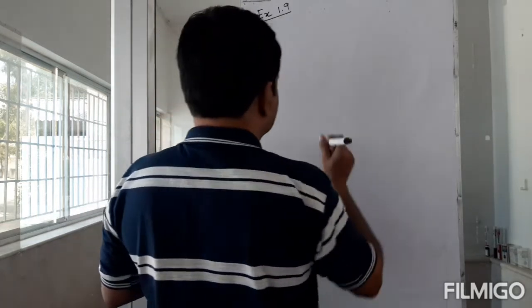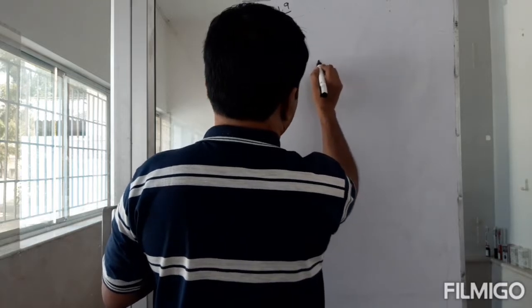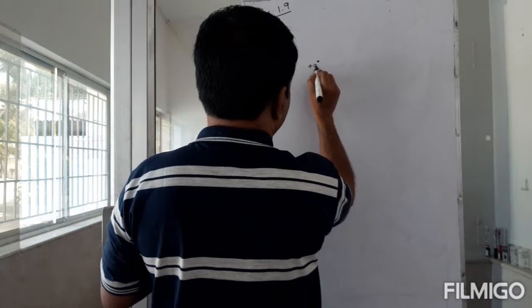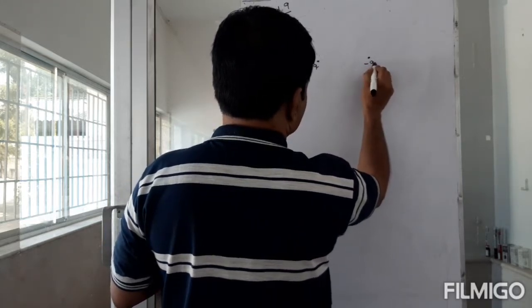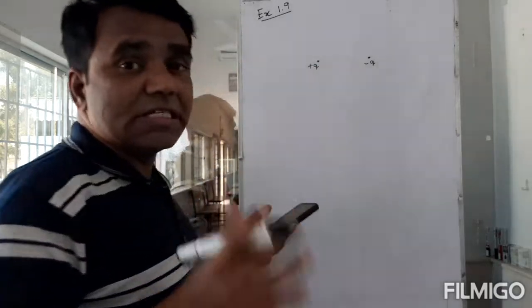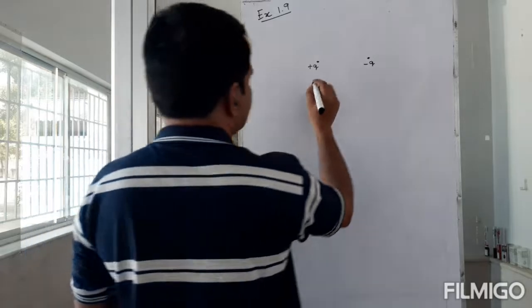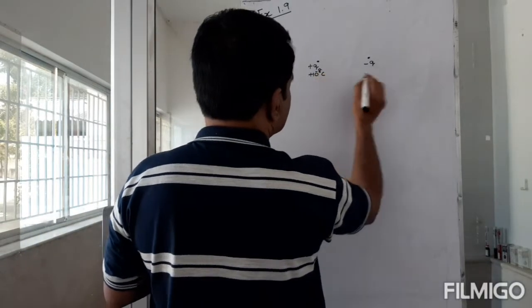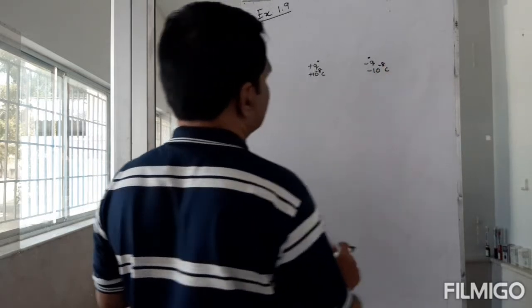Okay, so the positive charge is given here, so that is plus Q, and then the negative charge is given here, it's minus Q, but each of them has the same magnitude, which is 10 power minus 8 coulomb. So this is plus 10 power minus 8 coulomb, and this is minus 10 power minus 8 coulomb.